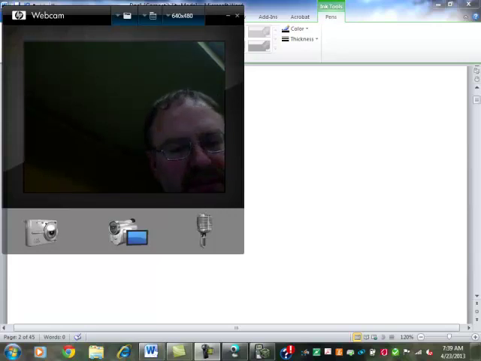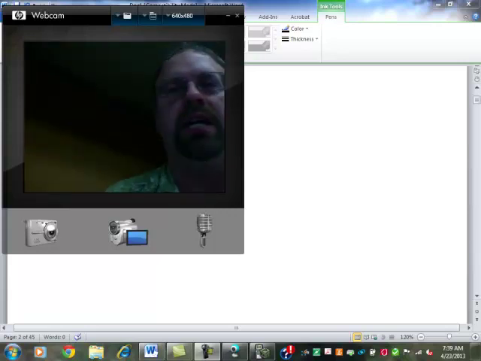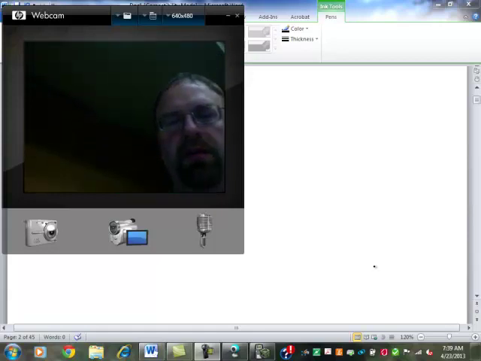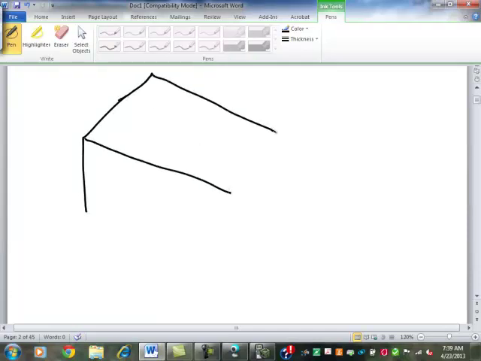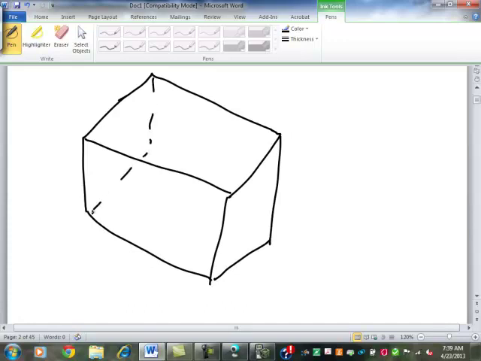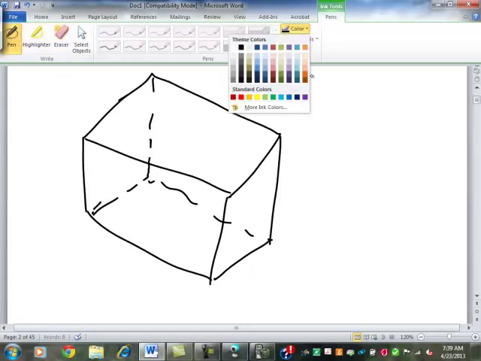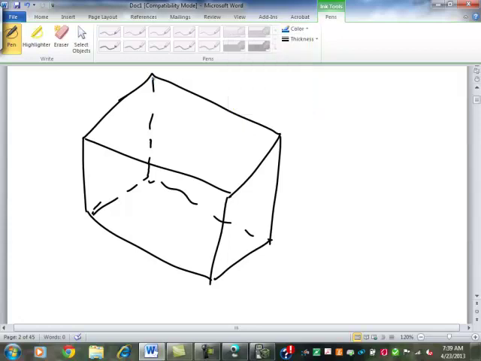Okay, so the type of things we've been talking about the last few days with these compound angles. We've been talking about problems like this, where I apparently draw a really deformed box.